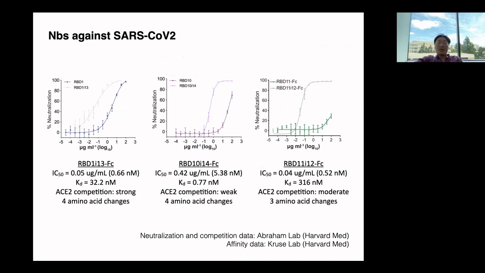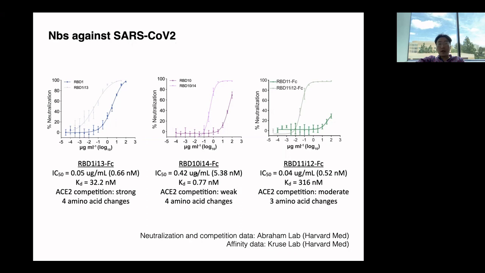We then tested their activity in more detail, and I'm just showing a select number of good nanobodies that came out of this effort. Some of these nanobodies have very high affinity, such as this one with a nanomolar affinity, and moderate potency in terms of neutralizing a pseudotyped SARS-CoV-2 virus in an infection assay.